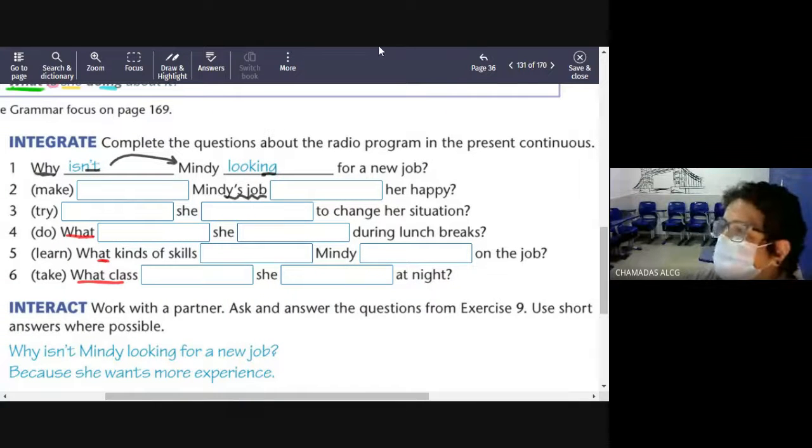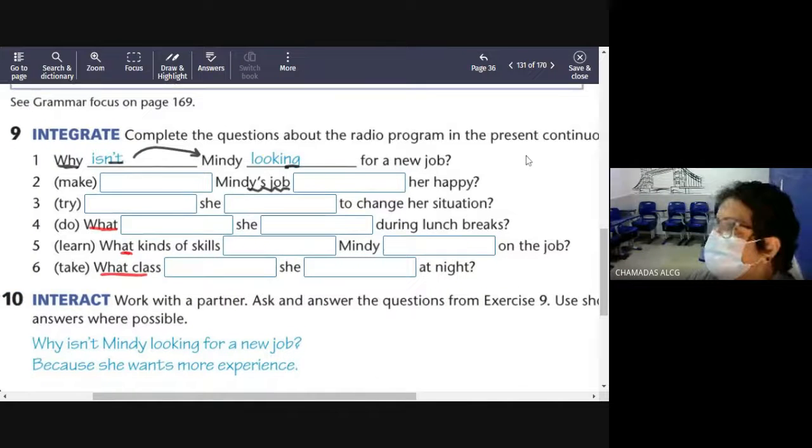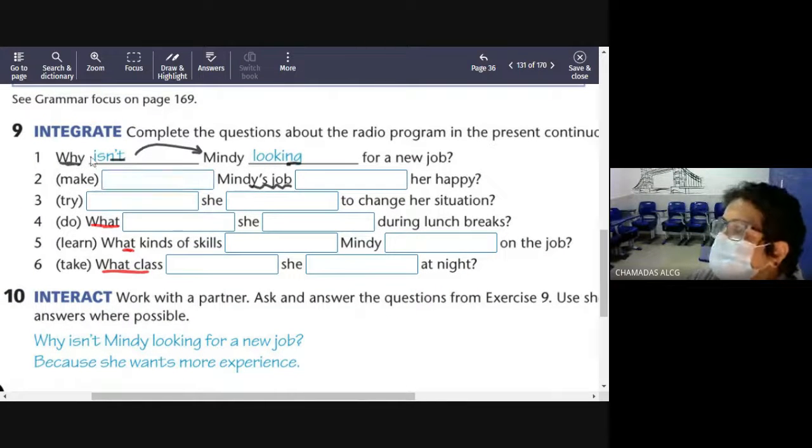Okay? All right? Let's see there. The first one. Why isn't Mindy looking for a new job? Now, a question again. Number two. Verb to be first.